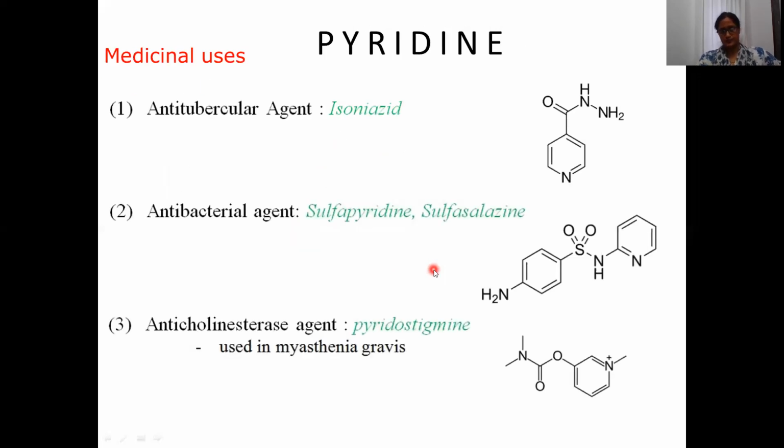So after the discussion of the properties of pyridine, their synthesis and chemical reactions related to pyridine, the most important portion is the medicinal uses, where pyridine is used as a hybrid structure in drug molecules which are used in the treatment of various diseases.